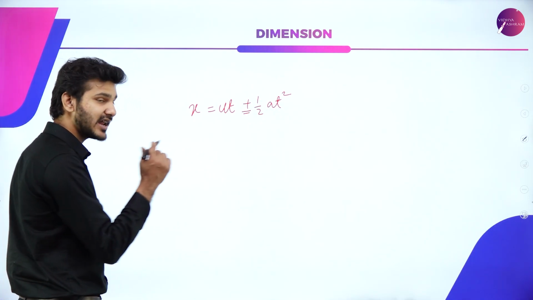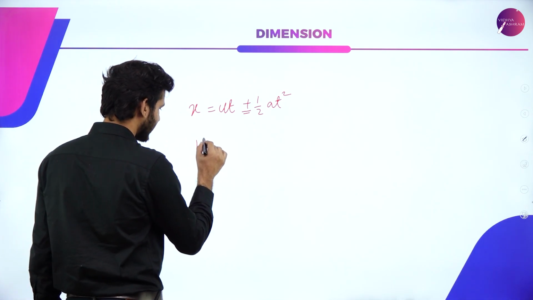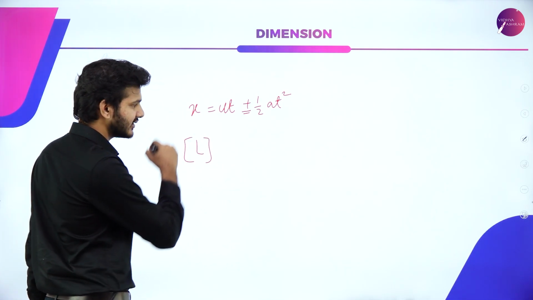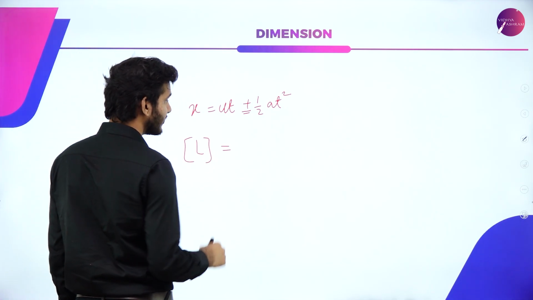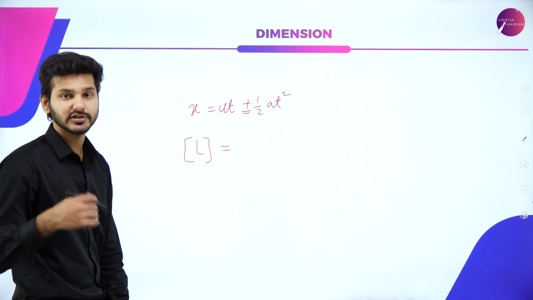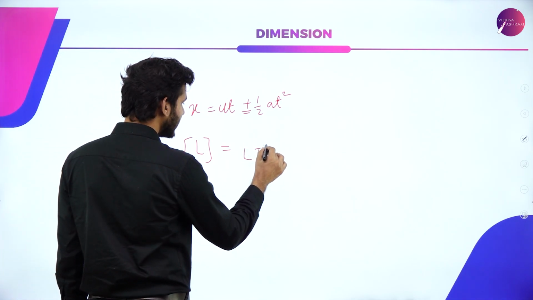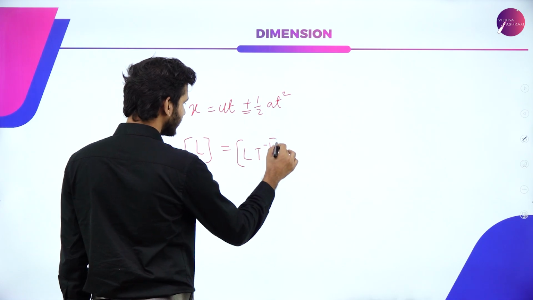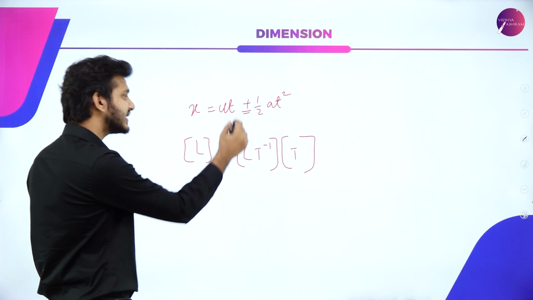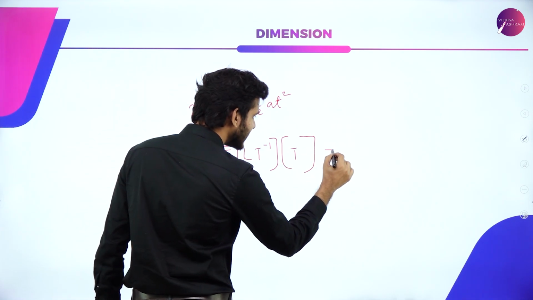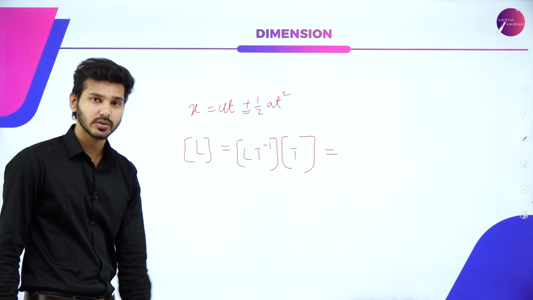So when we are writing down the dimensional formulas or dimensional equations, I can write it like this. This x is nothing but displacement. So L is equal to, u is the initial velocity. So we know for velocity it is L t inverse into t. Instead of plus, I'm going to write equal to. If there is plus, minus or anything, you just write an equal to sign.